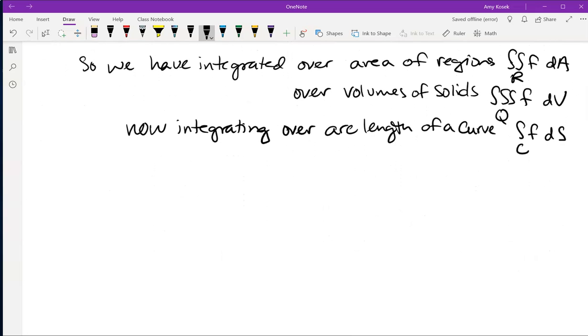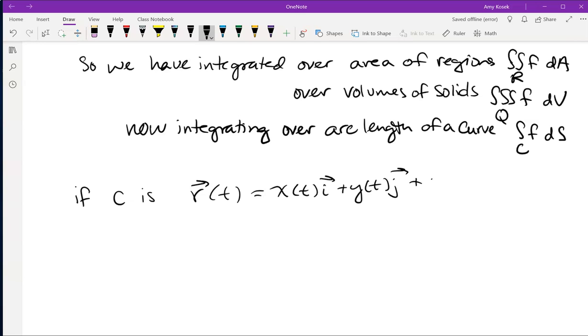So if we have three variables, if C is, let's say, r of t has x of t i plus y of t j plus, say, z of t k, where again t ranges from, say, a to b.